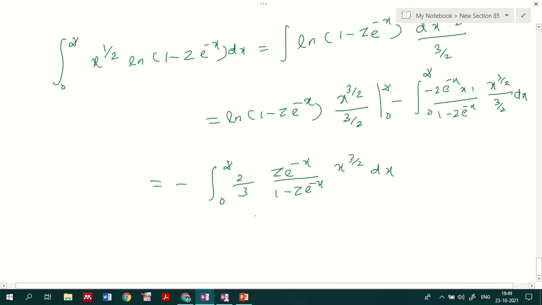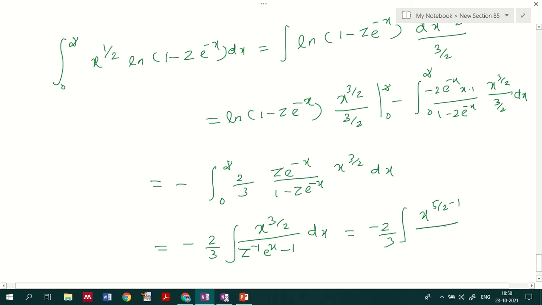Okay, so if you solve this one, then you will be getting minus 2 by 3 integral x raised to 3 by 2 divided by z raised to minus 1 e raised to x minus 1 dx, which is equal to minus 2 by 3 integral x raised to 5 by 2 minus 1 divided by z raised to minus 1 e raised to x minus 1 dx.